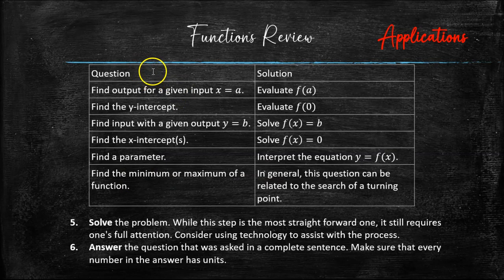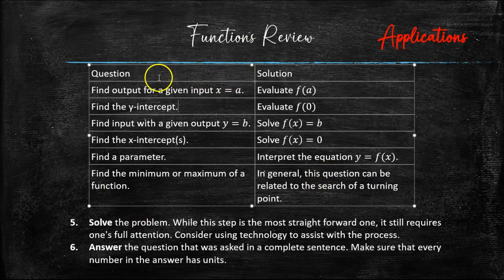So this table provides you a little translation from English to math. For example, finding an output for a given input translates into evaluating the function. Finding the y-intercept means this. Finding the x-intercept means that. Finding the minimum or the maximum translates into something that we probably spend a lot of time doing in calculus.